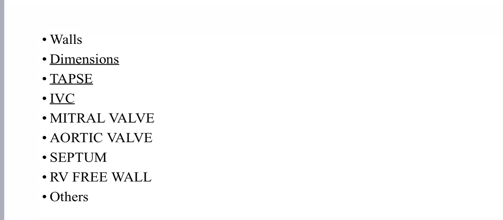Now I underlined the ones that are used routinely. So routinely, M mode is used for dimensions, TAPSE, and IVC. So still we can do without M mode in these three aspects: the dimension, the TAPSE, and the IVC.